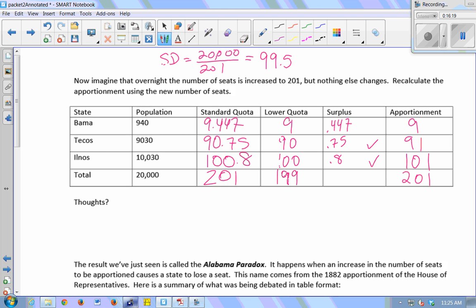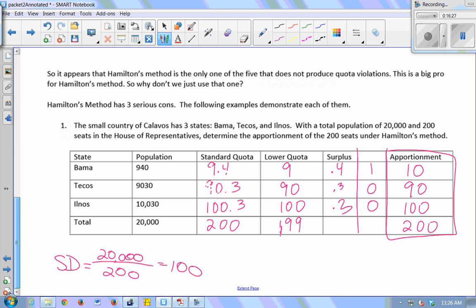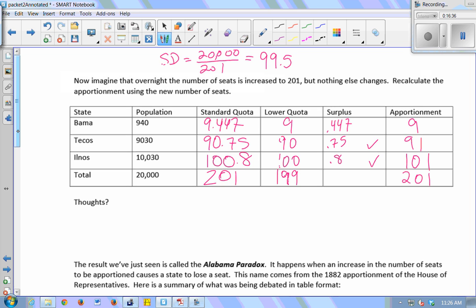Okay, so compare your results from the previous one, yesterday's apportionment, right? Before we increased to 201 seats, Alabama had 10, Texas and Illinois had 90 and 100. Now there's more things to give out, right? So if we increase the number of seats, everybody should be like, ooh, maybe I'll get an extra, right? But what happened?